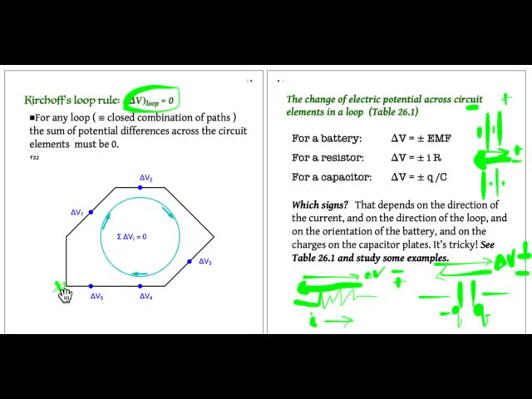There's a certain potential there. Now, if you go around a closed loop, there'll be changes of potential. There'll be 5 changes of potential. But when you come back to this point, it has to be the same value that it started at, because this has a unique value of potential. So that means whatever these changes are, they have to all add up to 0. And that's Kirchhoff's loop rule.